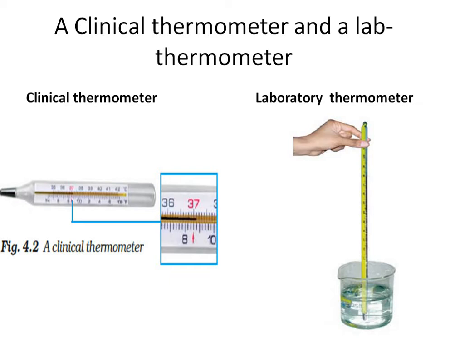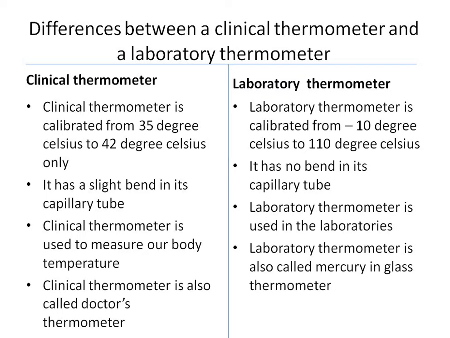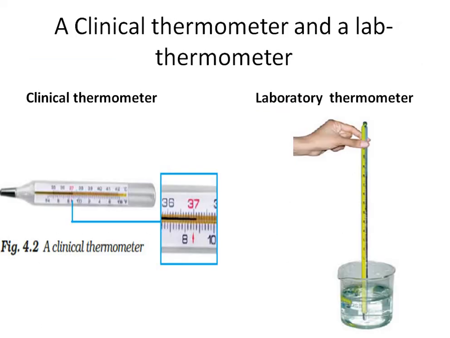You can see here in this clinical thermometer: 35, 36, 37, 38, 39, 40, 41, 42 degrees Celsius. So from 35 to 42 degrees Celsius, the clinical thermometer is calibrated.